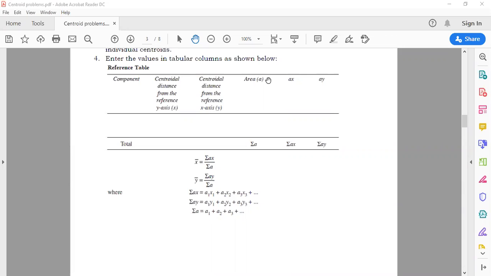Next you have area into x bar, whereas this column is area into y bar. So these two columns are in this manner, A into x and A into y.